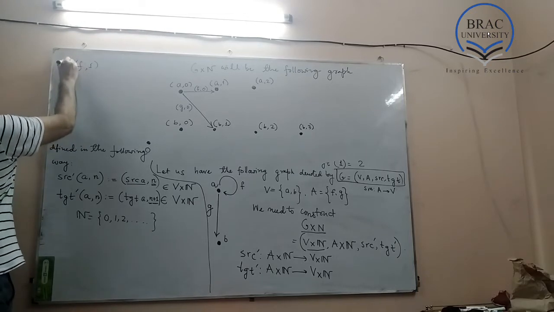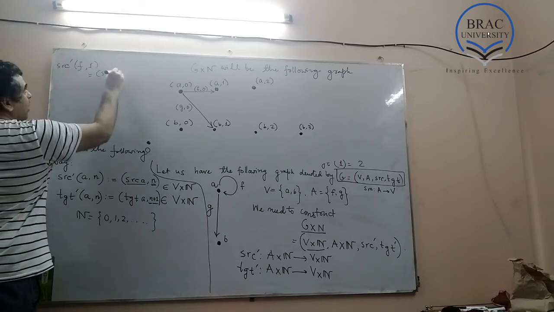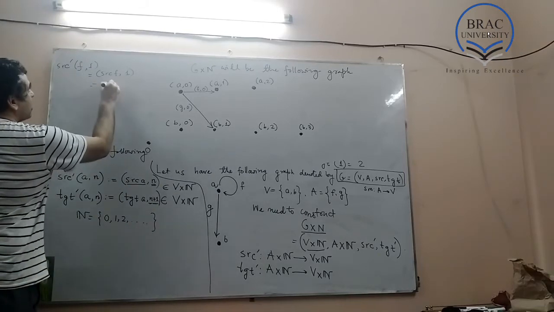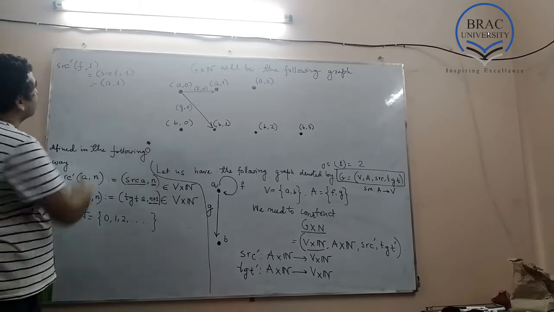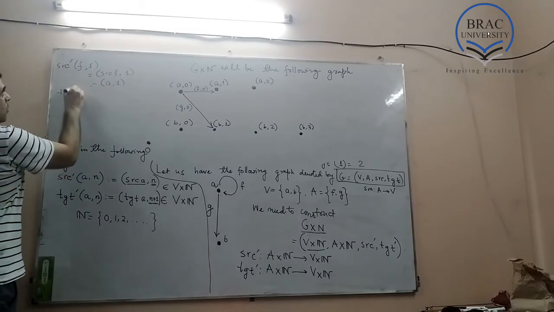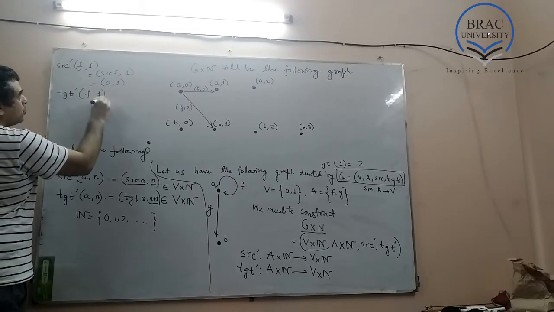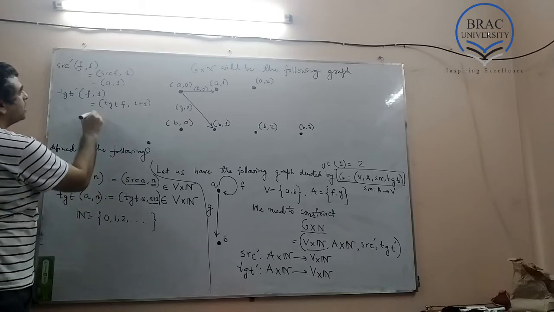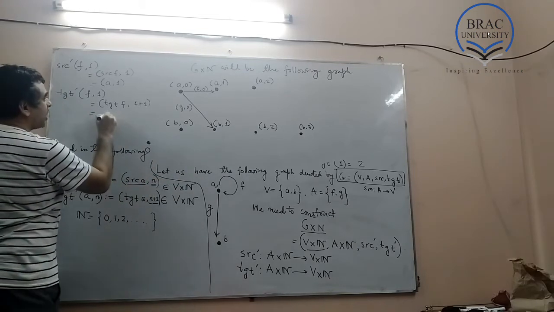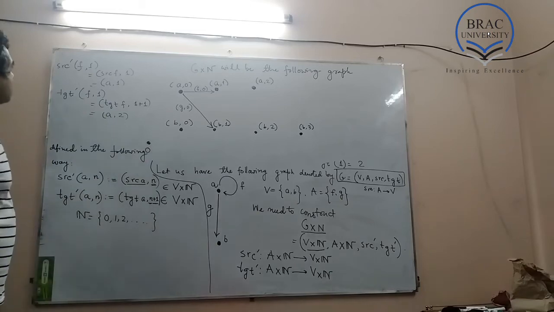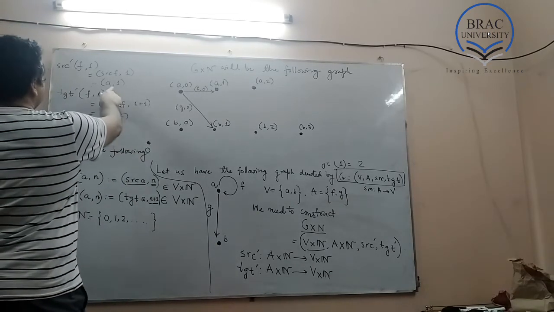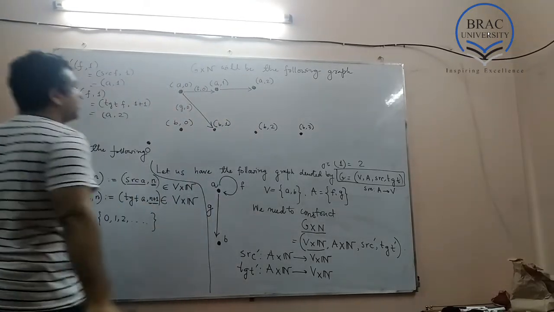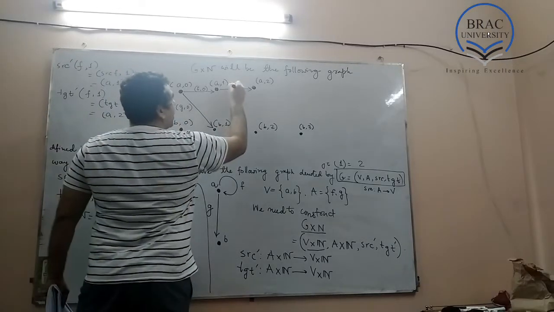The source of F comma 1 is going to be SRC F comma 1, and the source of F is A. So A comma 1 is going to be the source of F comma 1, and the target of F comma 1 is going to be TGT F comma 1 plus 1 according to this definition, and TGT F is the same as A, so A comma 2. So the source is A comma 1 and the target is A comma 2, meaning that this arrow is precisely F comma 1.